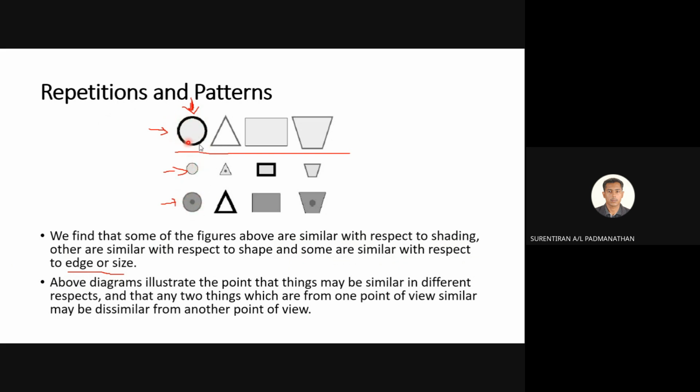But you can see the pattern is the same. It has a round shape, the shape is the same, but you can see there are shades. This one has shade, and the square box has shade, and this is a triangle, this one has shade.